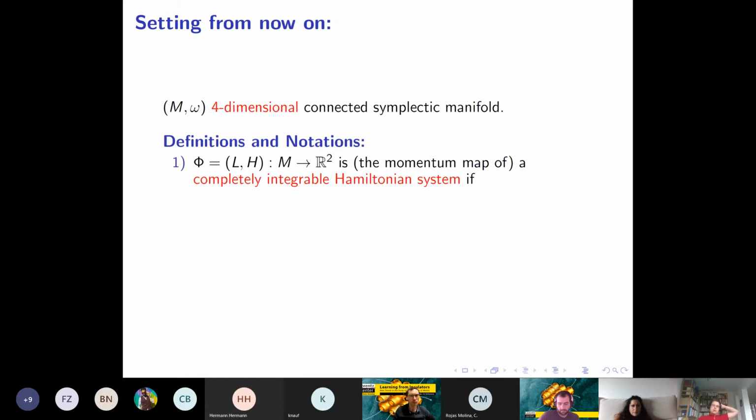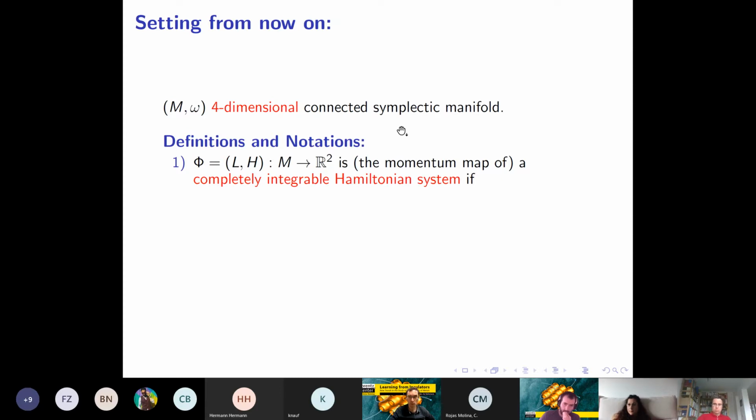And here for the rest of the talk, I am sticking to dimension 4 because the aim in the end is that I want to extend this one action to an integrable system. And so I don't want to confuse you with lots of other notations. So we are now in dimension 4. This means that given a function L, I only need the second one, or given the H, I only need the L. So technically, we have a function phi given by two components, L and H, going from M to R2.